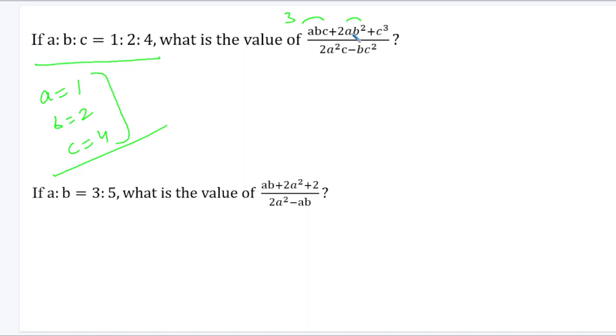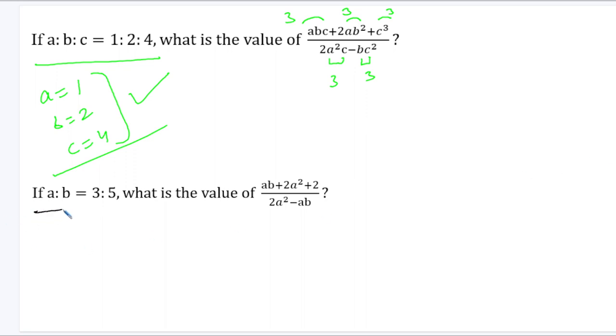Here a's degree is 1 and b's degree is 2, so ultimately it's 3. It's 3 here. a square c, it's again 3. b c square, b's degree is 1 and c's degree is 2. Ultimately it's 3. So it's the same all throughout the question. That's why I can substitute a = 1, b = 2 and c = 4 and get the answer.